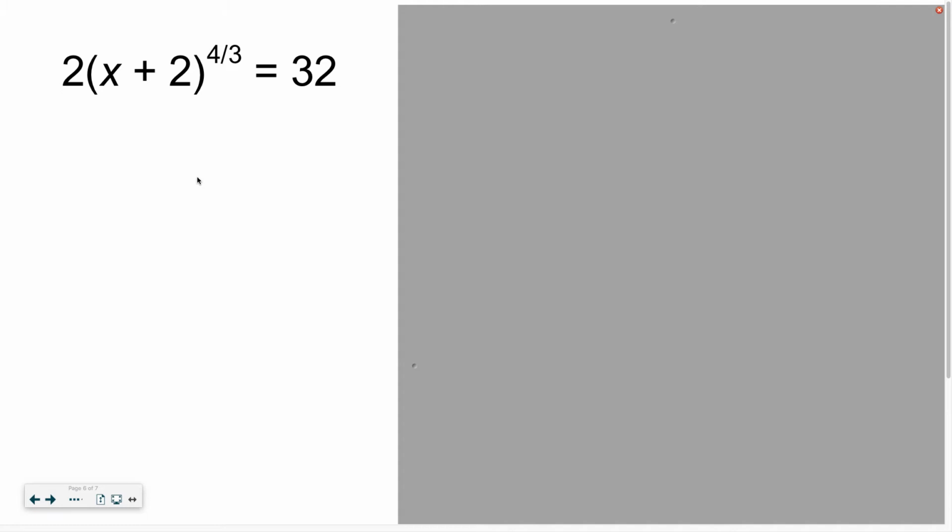Get started right now with your groups. Talk to your groups and tell them what things you are going to be doing first to solve for x. Divide by 2 to start with.